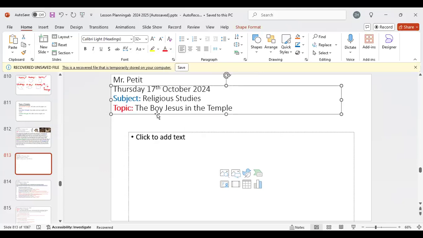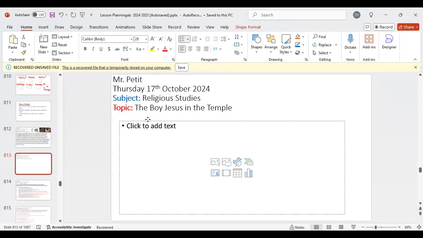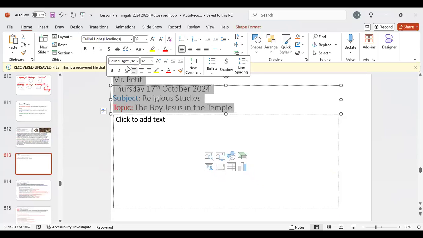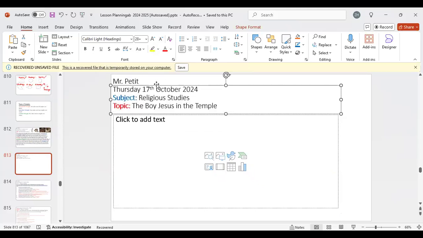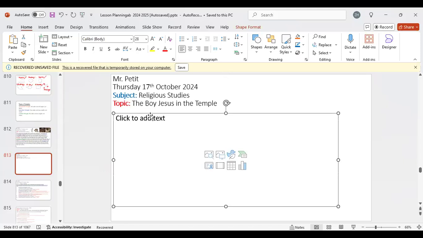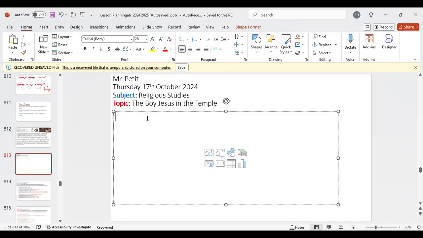Yeah, he should have gone to the temple. But I think he was so amused by what he was seeing in the temple, he didn't see when his parents left. Because don't forget they went back for him. They did go back for him. Mr. Petit, one day you make it sound like Mary and Joseph were not really parents. They did lose him, as a fact.